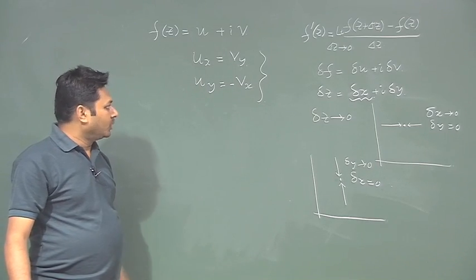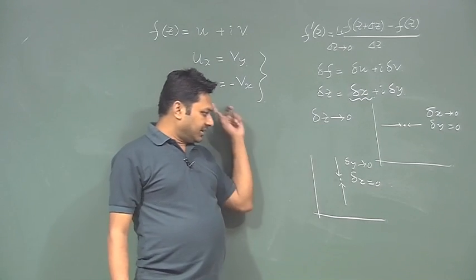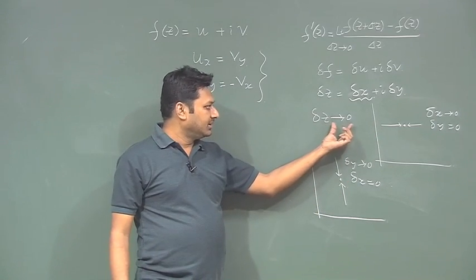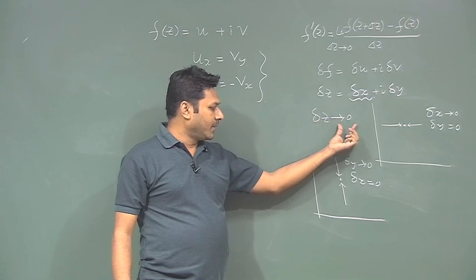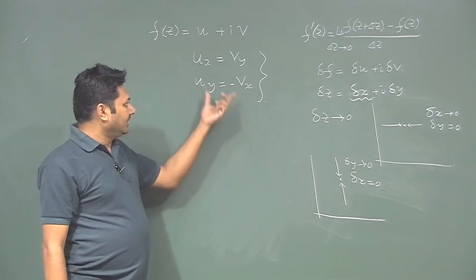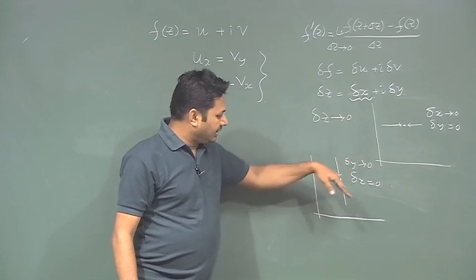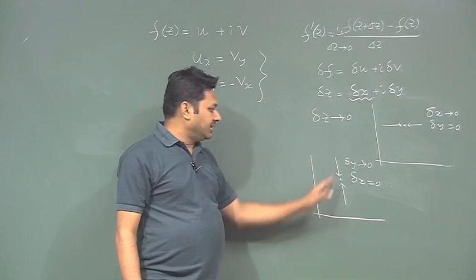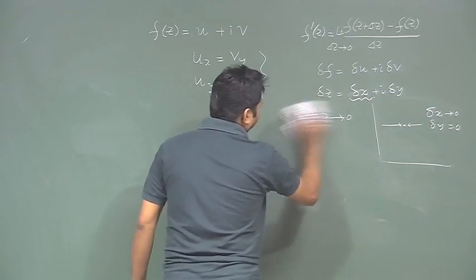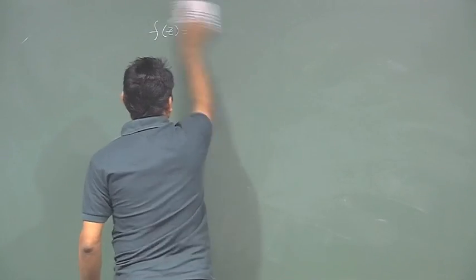So, today I would like to show that even though I am getting this expression by using these two preferred directions of approach towards delta z equal to 0, it essentially gives you the same result in every direction of approach. Okay, I hope you realize exactly what I am trying to do.